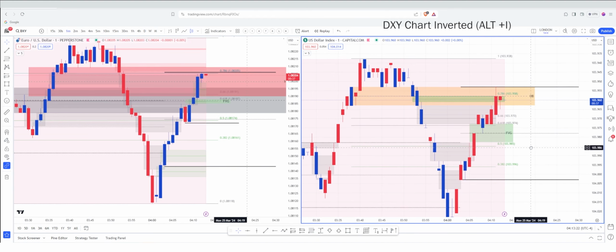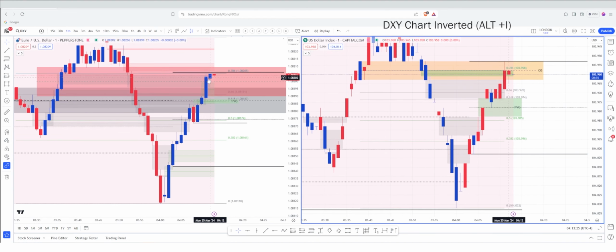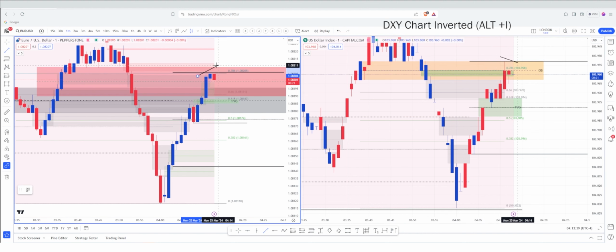There's our SMT on the 1 minute. So this candle here has taken the high. The candle here on the Dixie has failed to take the high. That's our SMT. We've got a large fair value gap here, which has just been left.